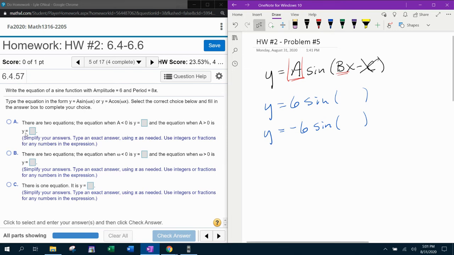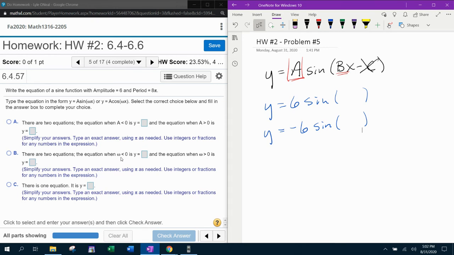And so if I look at my answer choices here, it says there are two equations. The equation where a is, now this is a fancy way of saying a is negative, the equation where a is negative is, and the equation where a is positive is. And then down here it says there are two equations, the equation where omega is negative is, and the equation where omega is positive is.